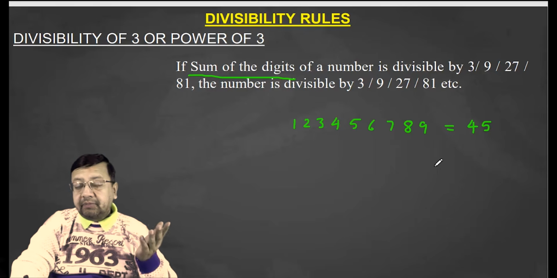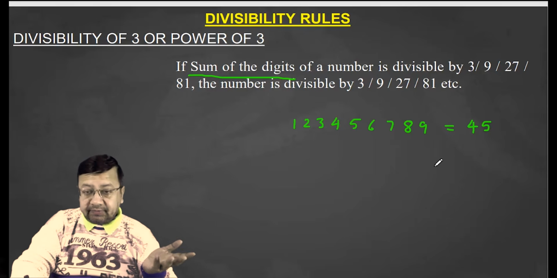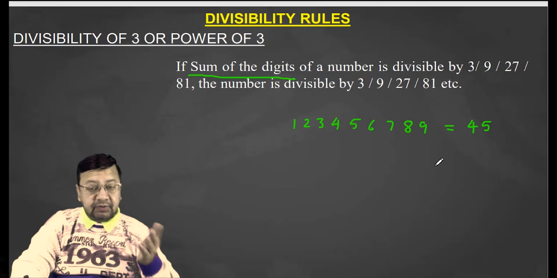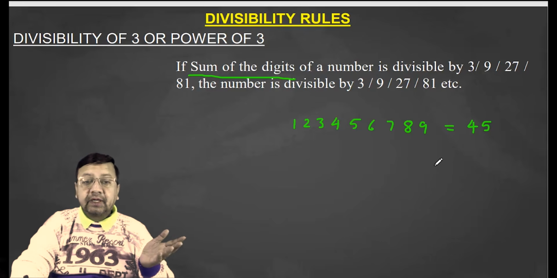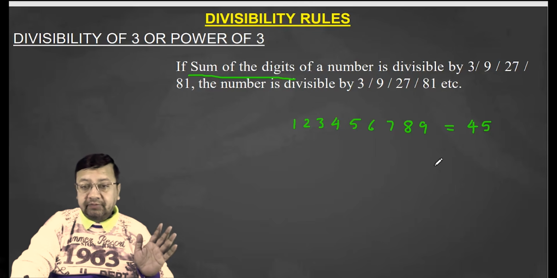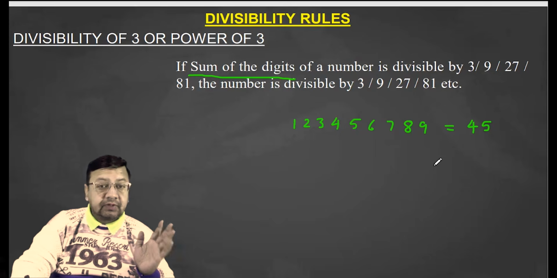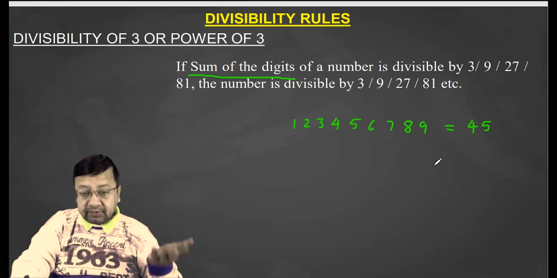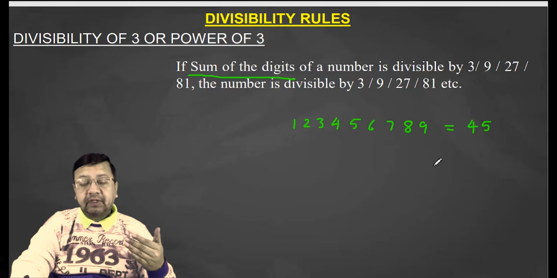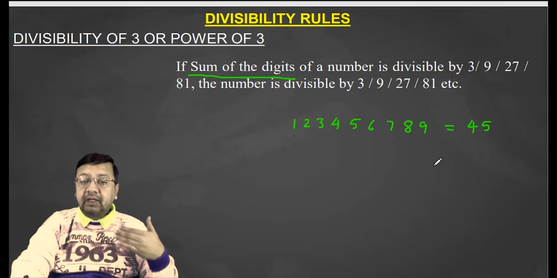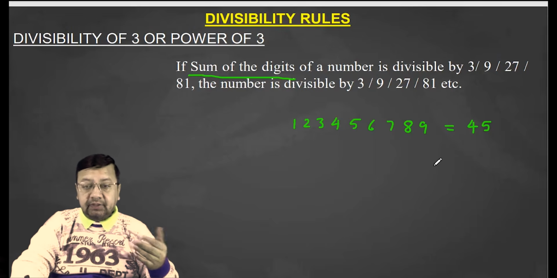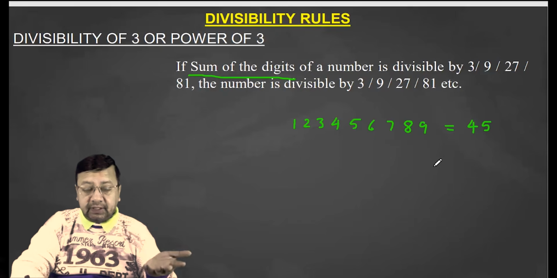Now, if I check 27, 27 is not dividing 45, so this number is not divisible by 27 or maybe 81, etc. So what is the rule for 3 or the powers of 3? The sum of the digits should be divisible by 3 or 9 or 27 or 81 or 243, etc.